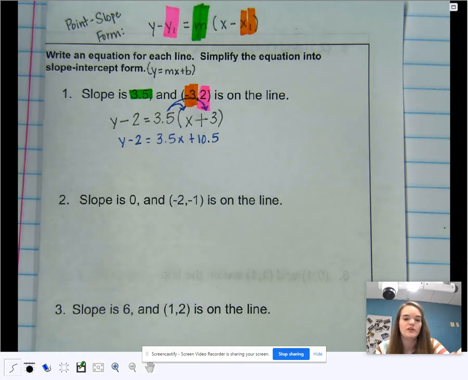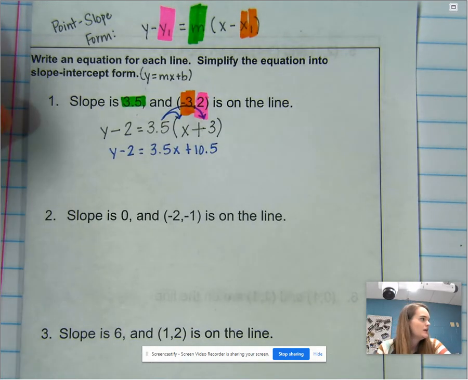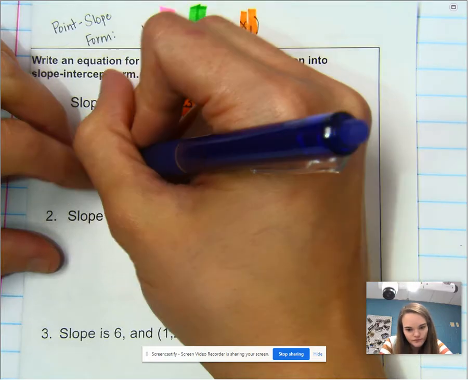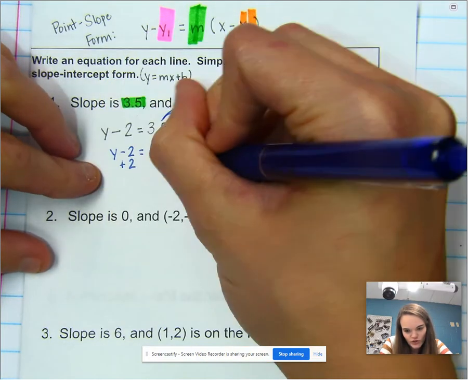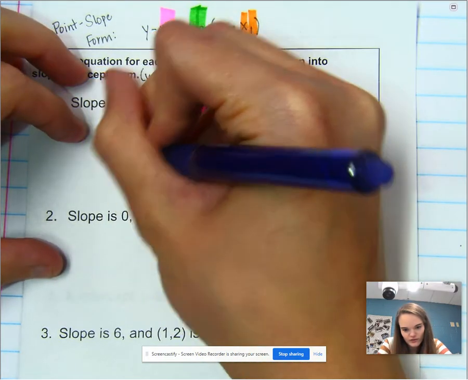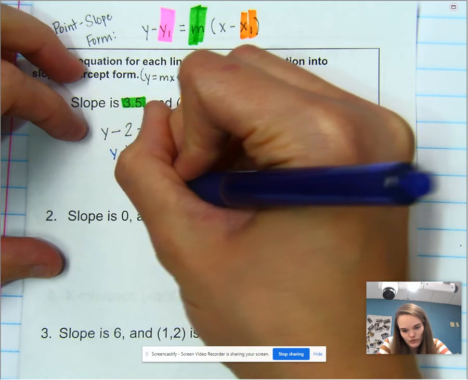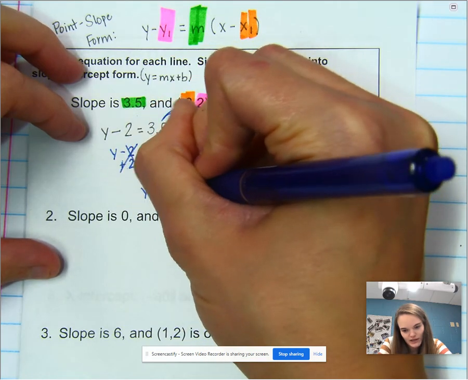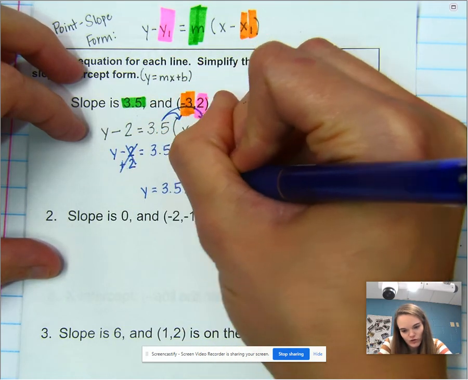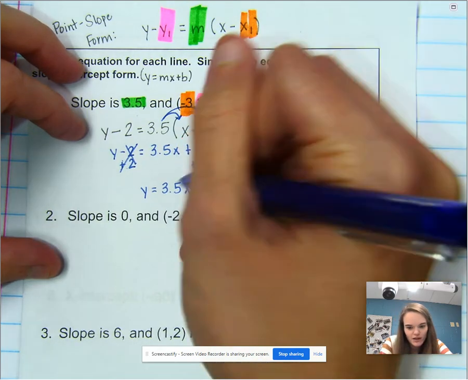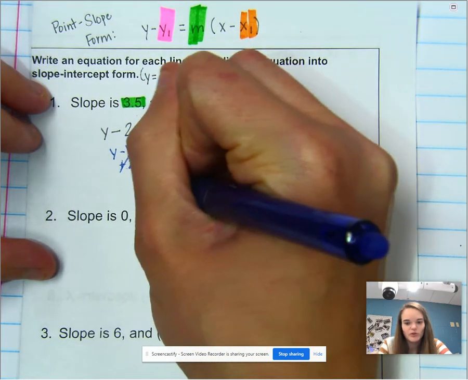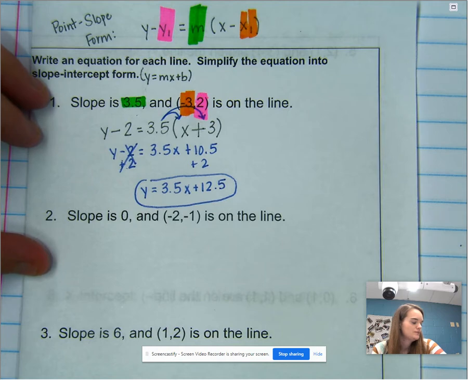Pause that if you still need to see it. Then I'm going to add 2 to the number at the end, not the x. Y equals 3.5x plus 12.5. It is now in y equals mx plus b form, and I'm finished.